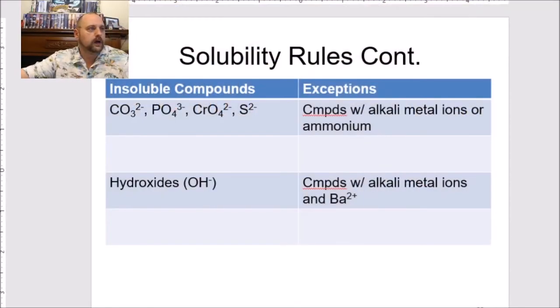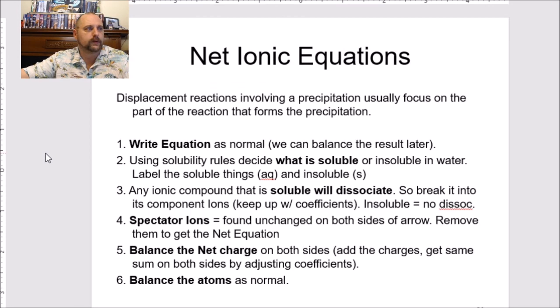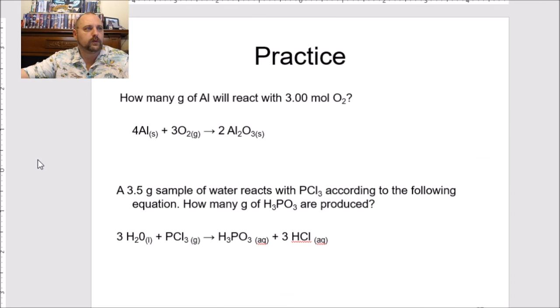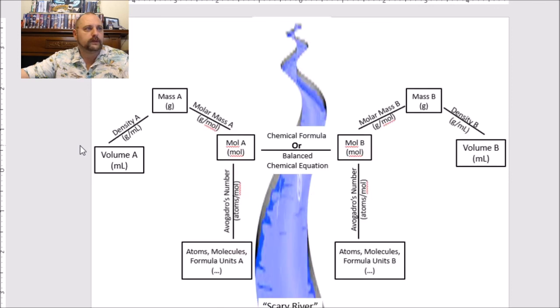All right. So that gets us kind of caught up in terms of where we're at on net ionic equations and putting these together. And so we're ready to get into putting these together with the math and practicing. And what we're really going to be doing is taking this mole-to-mole relationship, and we were getting it from the chemical formula.